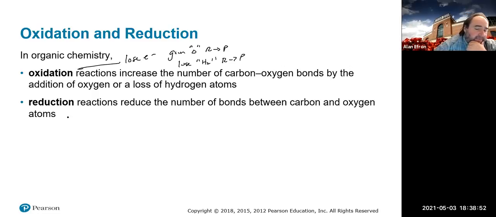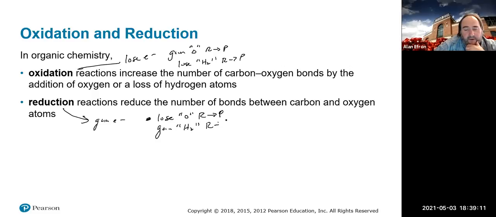Those are all definitions of oxidation. Reduction is gaining electrons, which we don't deal a lot with here in organic. We mainly deal with the oxygen and hydrogen definitions, which means it loses oxygen as you go from reactants to products, or it gains H2 as you go from reactants to products.